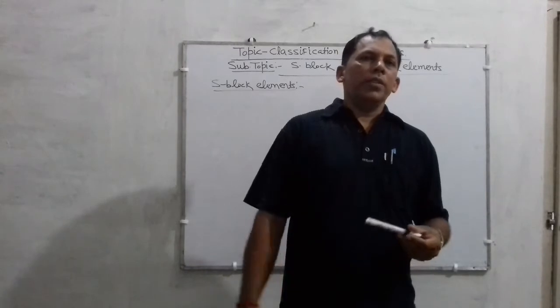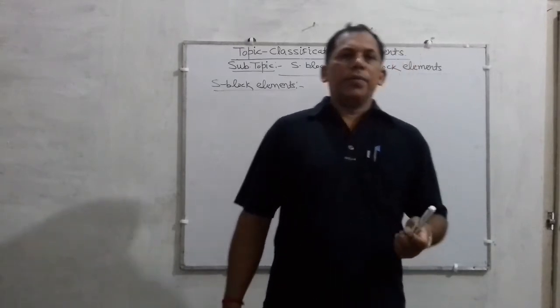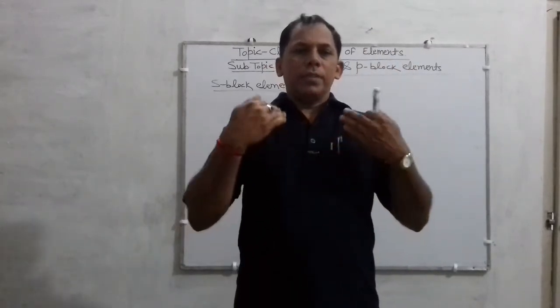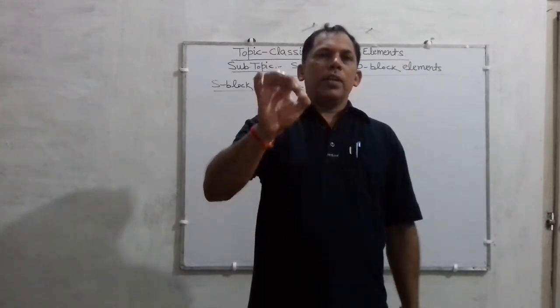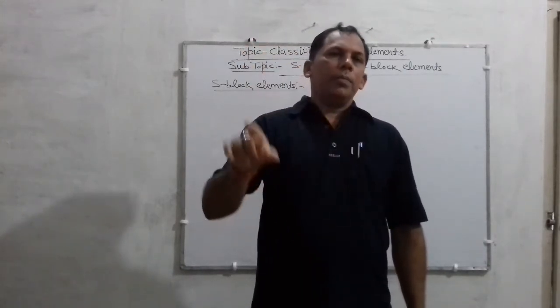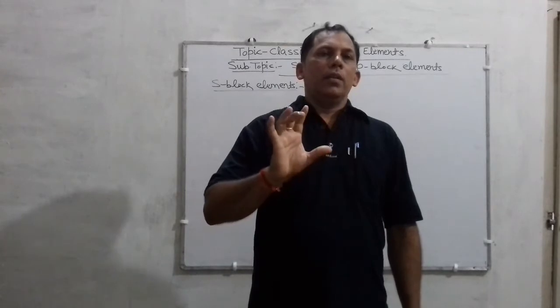And these blocks are called S block, P block, D block and F block elements. Before this lecture, I have explained groups and periods and their position in the periodic table.